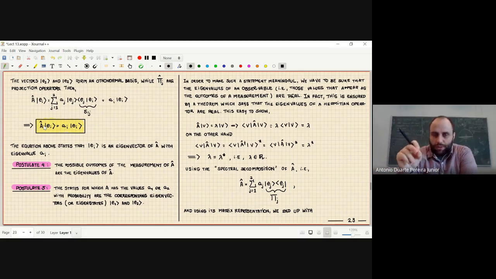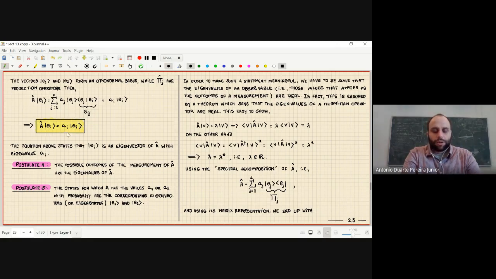Of course, I'm not telling you that you're going to always measure the same value, but you're going to measure one of those values with some probability. But the states which have well-defined values, namely those states where, if the system is in one of them, you always measure the same value, those states are eigenvectors of the operator.